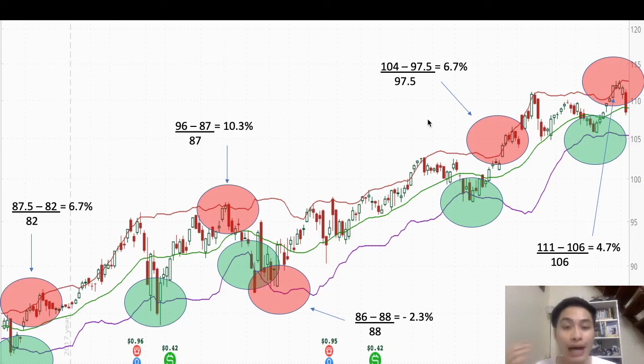Not to say that we are 100% right, but we are right more times than we are wrong. And can you see that on average, when we win, we win more than we lose, right? Because here we make 6.7% on our trade, 10.3%, 6.7%, 4.7%, and when we are wrong, we lose negative 2.3%. So that is how we use the Bollinger Bands in our trading strategy.